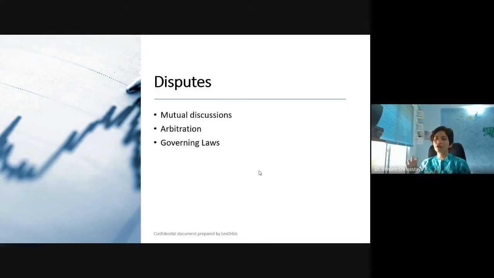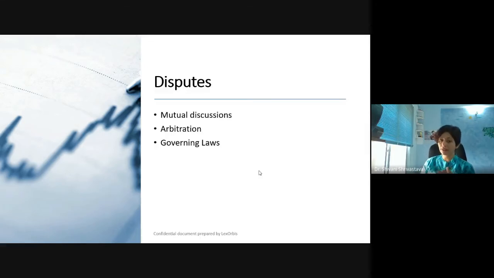The work of the arbitrator is to talk to both the parties, understand the issue, and then help them to resolve it. One important point related to the arbitrator is that the arbitrator should not have any interest in any of the parties. This is so that the arbitrator gives a neutral decision and is not biased toward any of the parties.